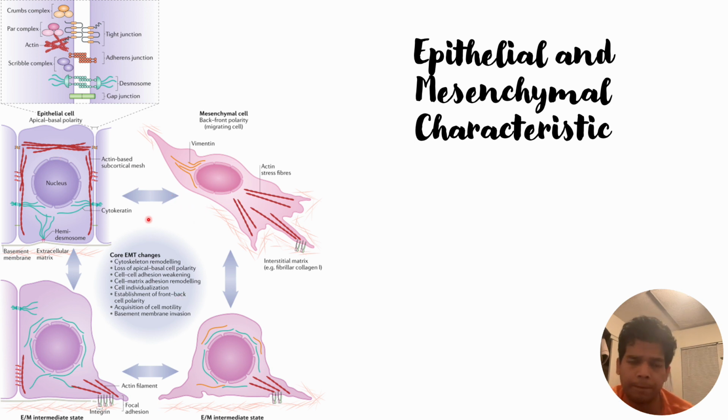There is also an intermediate state between epithelial and mesenchymal that is shown here, known as the epithelial-mesenchymal intermediate state. In this case the actin filaments are in an intermediate stage between the condensed epithelial stage and the stretched actin of the mesenchymal cells.